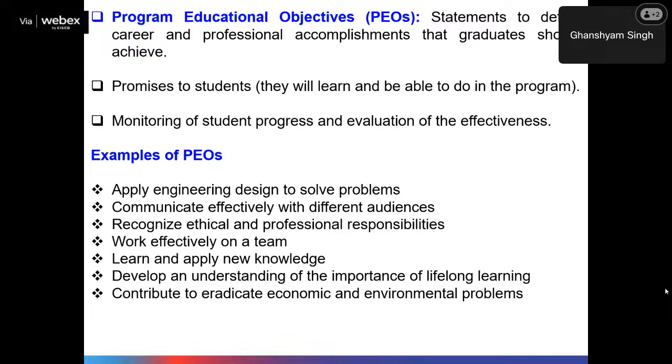That is very important, because these students are not only ex-students of our university, they will be the ambassadors for our university. So we must prepare them to do their job for life, according to lifelong learning. They should be able to contribute to eradicating economic and environmental problems for society. So these are some important examples of POs. We can set our POs in a way that they cover these points.